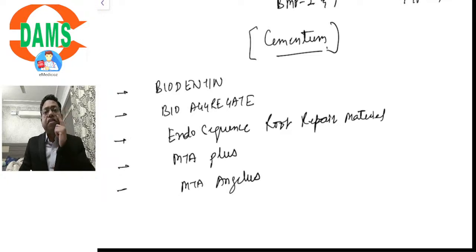What are these? These are the examples of a group of materials called calcium silicate based materials. The most conspicuous and prominent example is mineral trioxide aggregate.